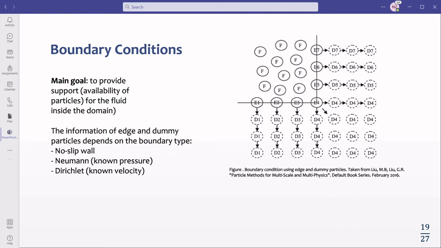The point here is we need two sets of particles: one set that goes across the boundary, whose variables depend on the dummy particles that have to fill the space, the maximum area that the particle will try to look for in an interpolation.